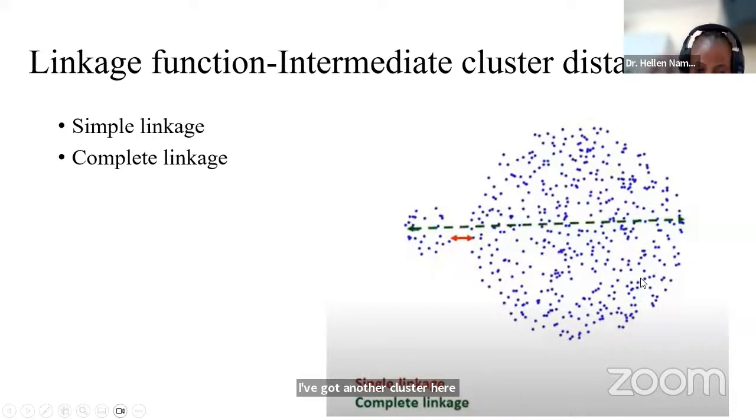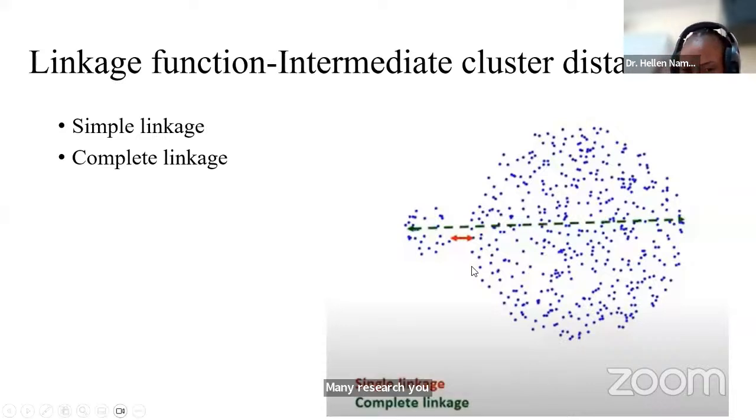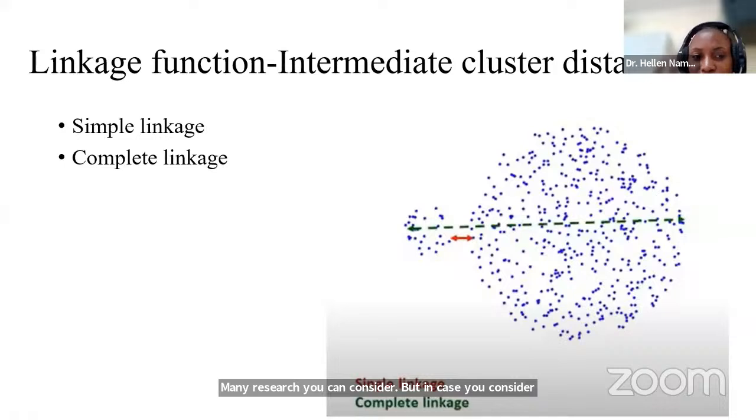With the linkage function, what I've just explained is that if you consider this particular point, it moves to different points and you get various routes, many routes that you can consider. But in case you consider the closest distance between these 2 clusters, we call that the single linkage.